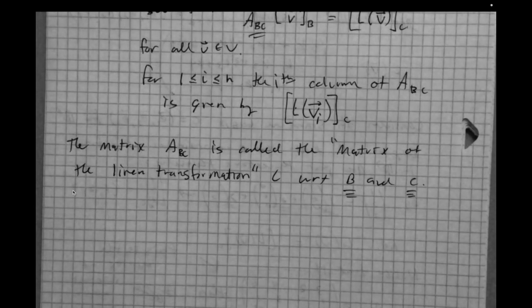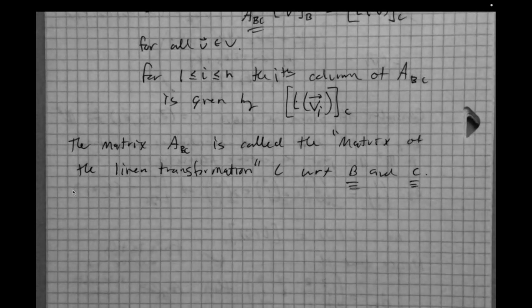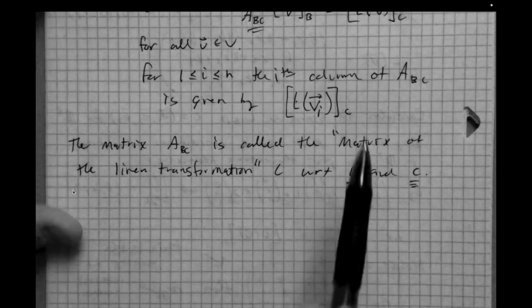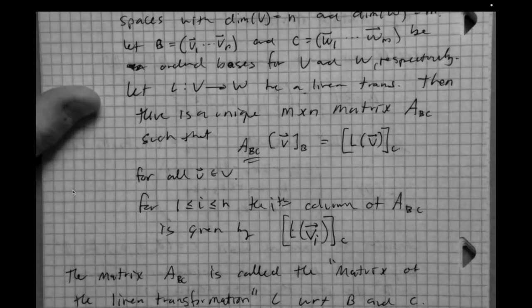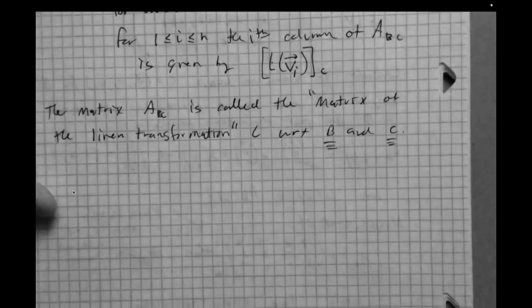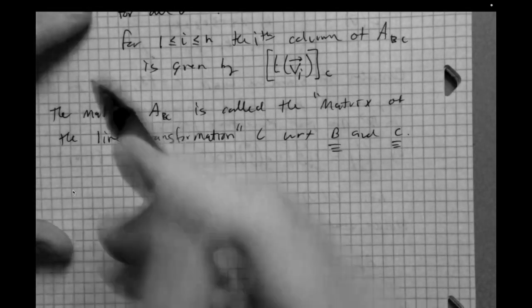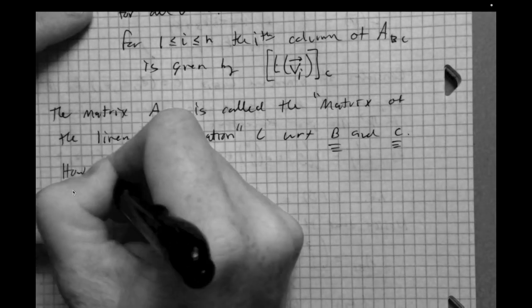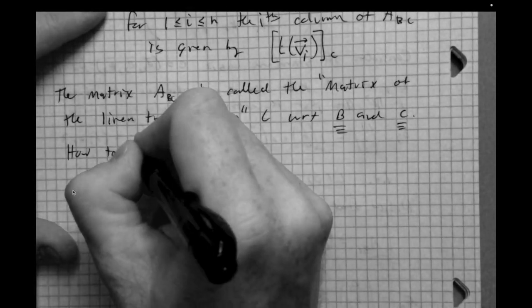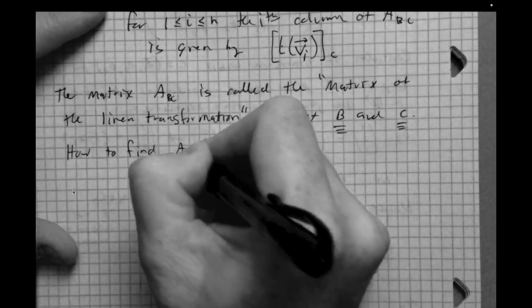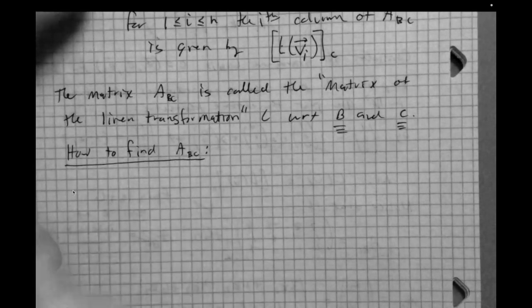So this is the idea. Just thinking about what this theorem says, how would we go about finding this matrix A sub BC? We'll spend a lot of time on this in a second. It's one of those things that's frequently easier said than done.